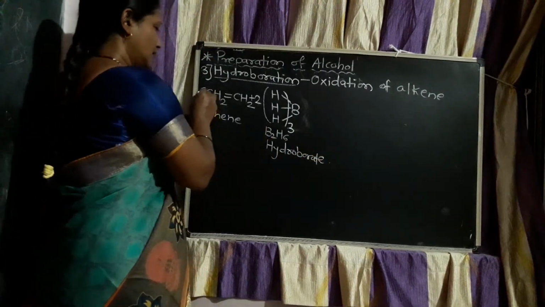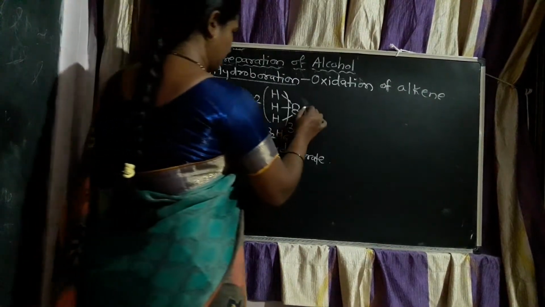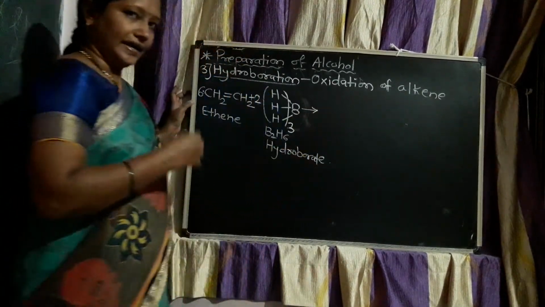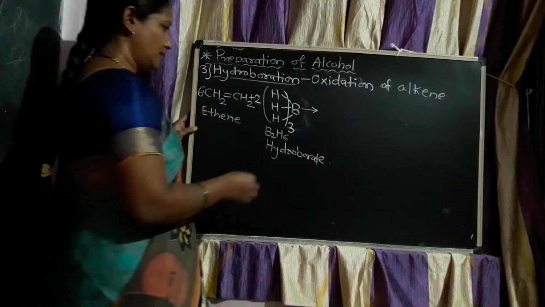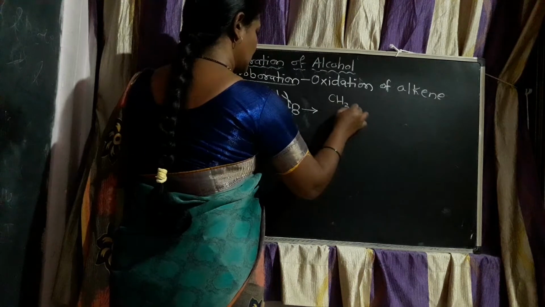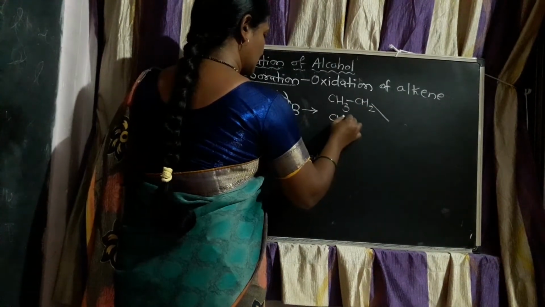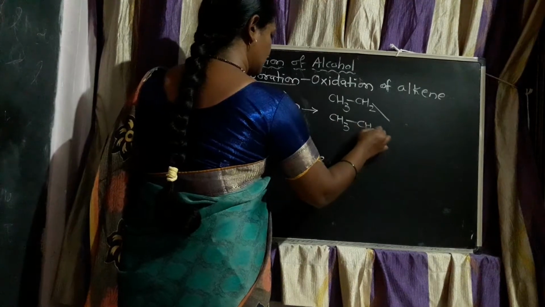Now here we can take 6 molecules of the alkene. Now it first forms the addition product, that is CH3 CH2, CH3 CH2.